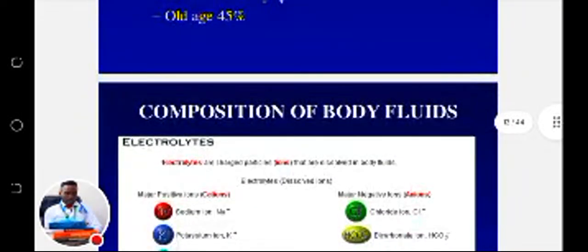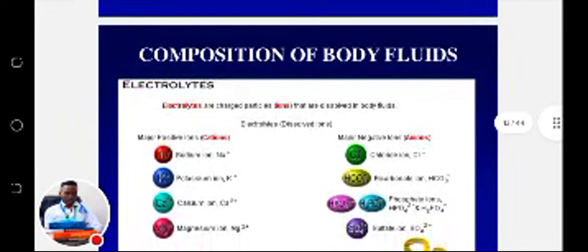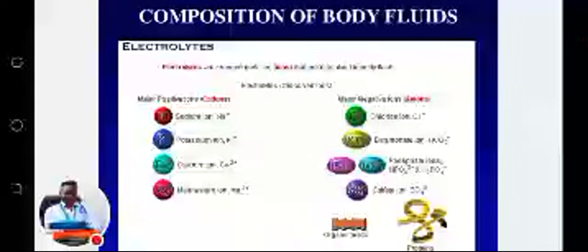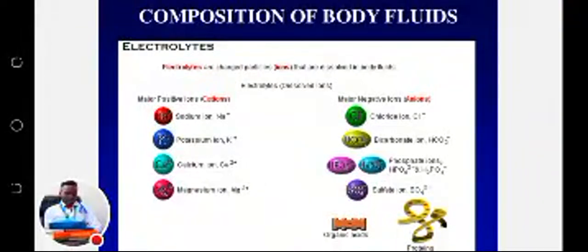Now let's look at the composition of body fluids. In the composition of body fluids, we have electrolytes. What are electrolytes? Electrolytes are charged particle ions that are dissolved in the body fluids. As examples, we have the major positive ions, which are called cations.